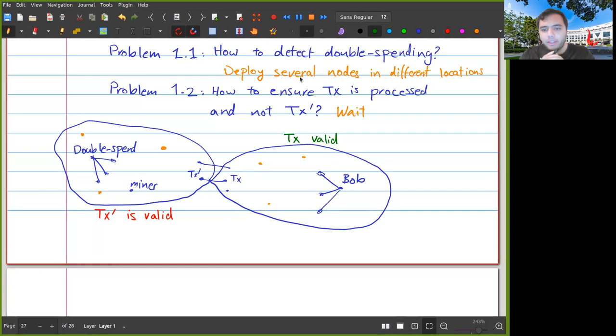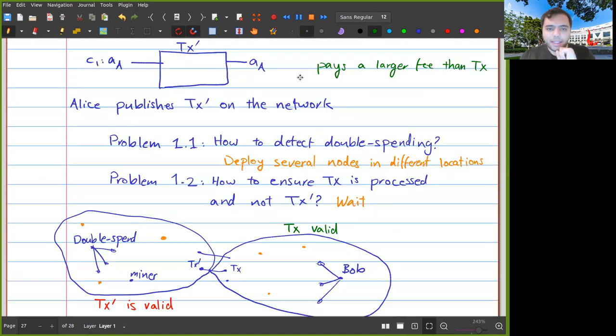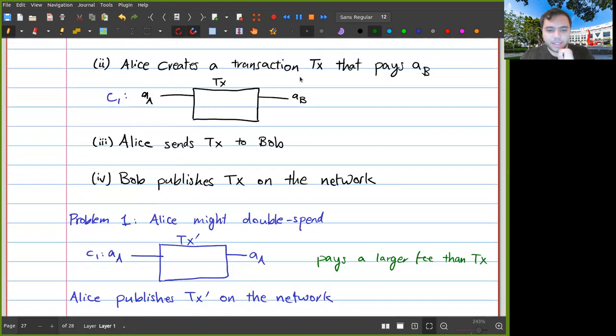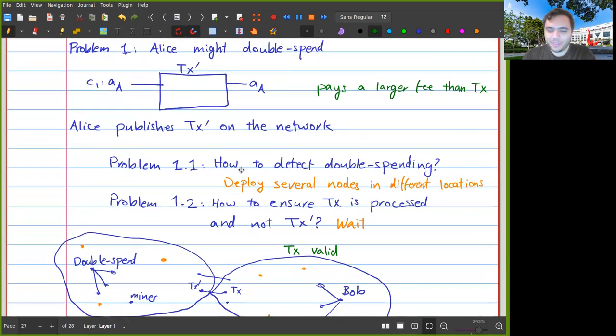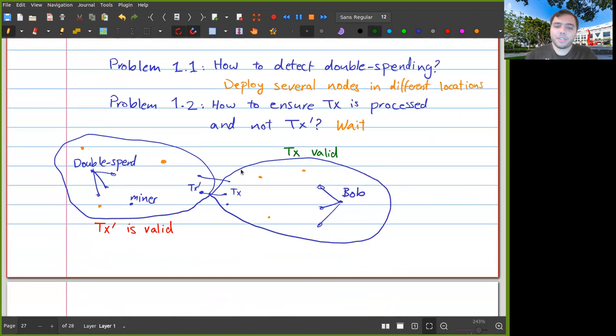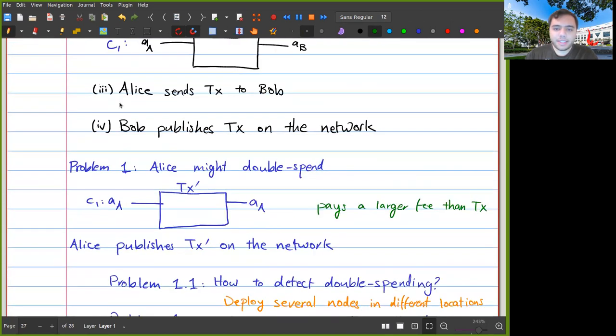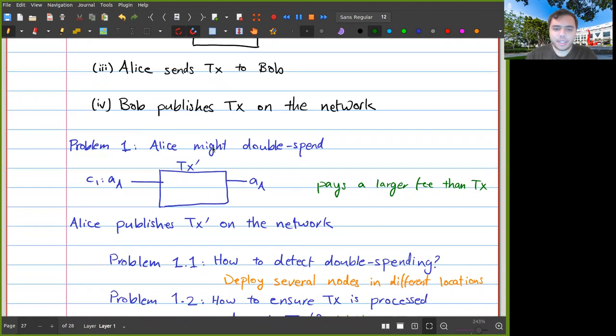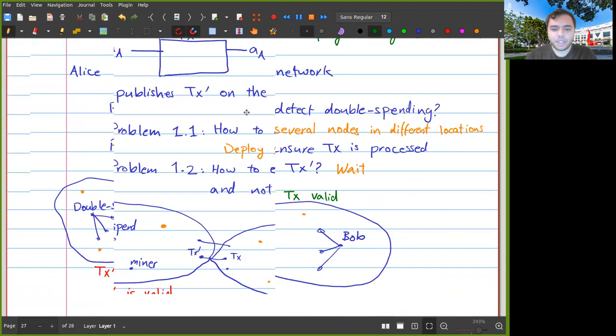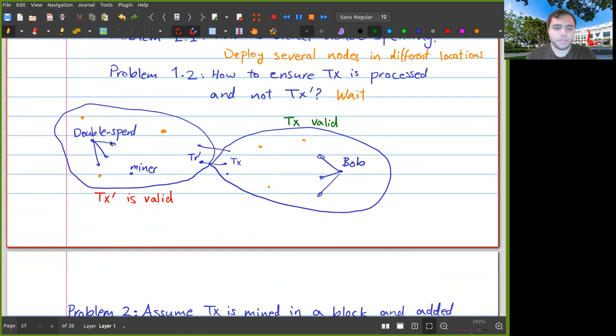But there is an even stronger thing that Bob can do. And this is why I said here that Bob publishes the transaction on the network. So I was getting ready for this thing here. After Alice sends the transaction to Bob, what Bob can do is publish this transaction on the network from all of his nodes. Okay?